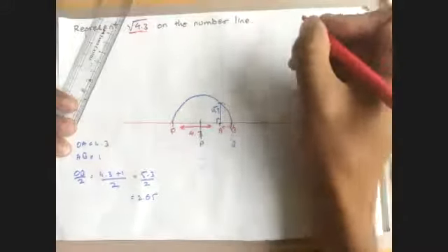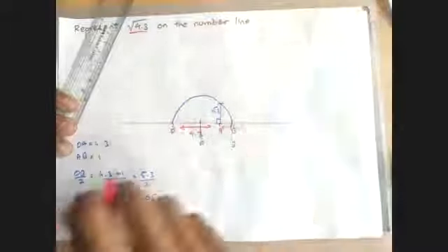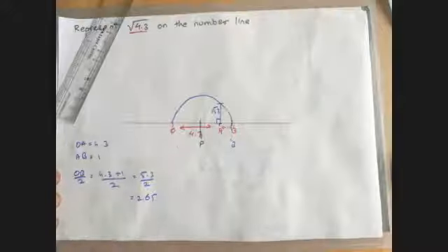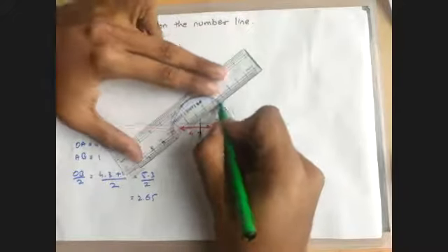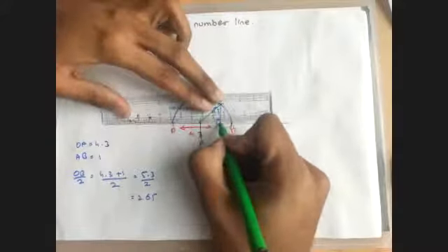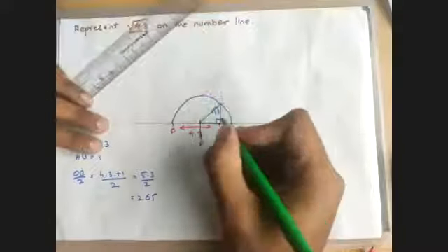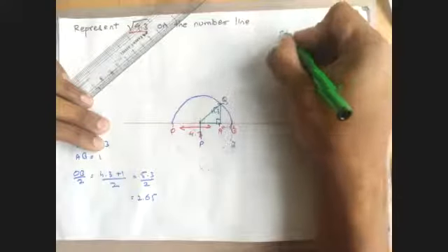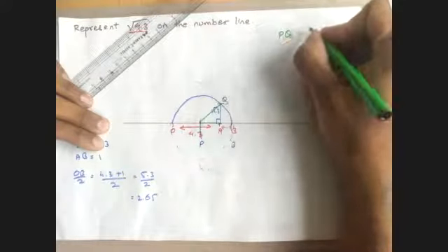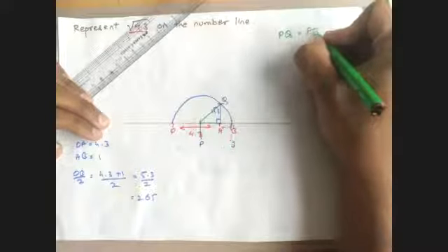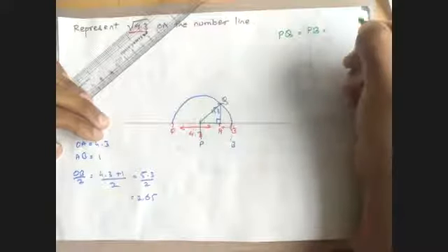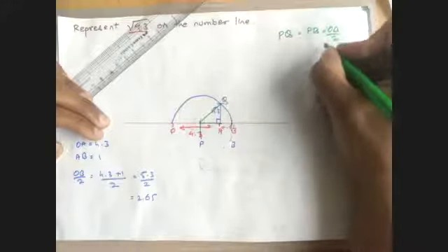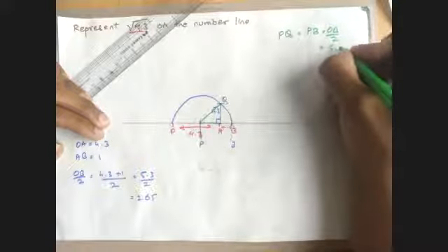So we know OB, we found that OB by 2 was 5.3 by 2. To find this I will take the help of the Pythagoras theorem again. I know that PQ is the hypotenuse, and TQ is nothing but PB, that is OB by 2, which we already found out as 5.3 by 2.